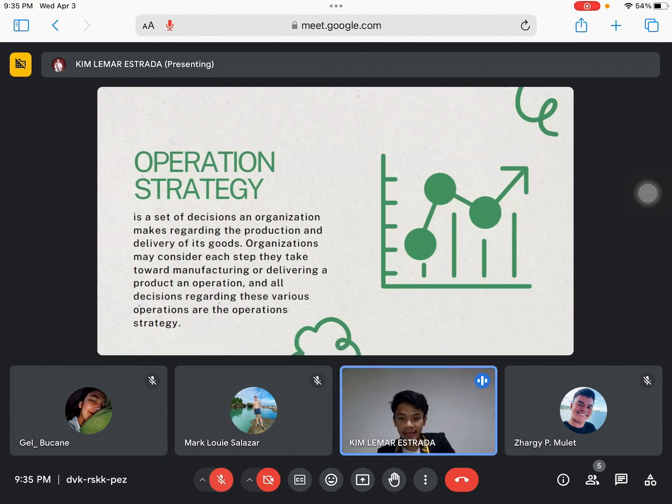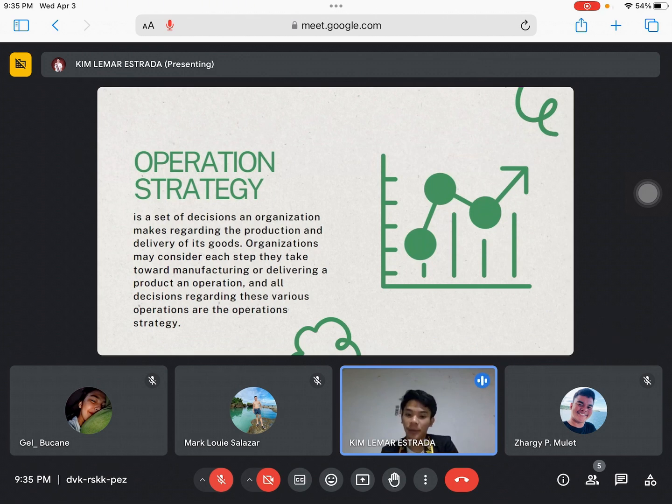It's a set of decisions an organization makes regarding the production and delivering of its goods. Organizations may consider each step they take toward manufacturing or delivering a product an operation, and all decisions regarding these various operations are the operation strategy.